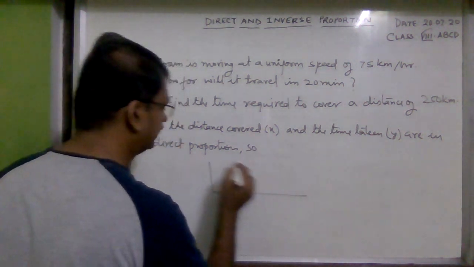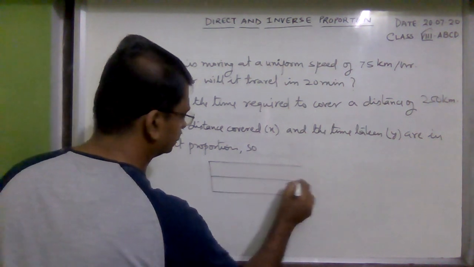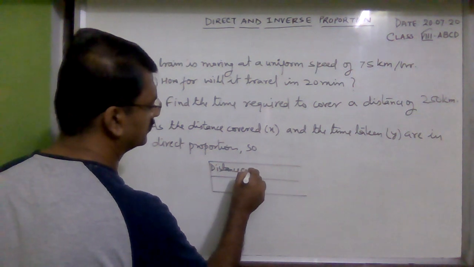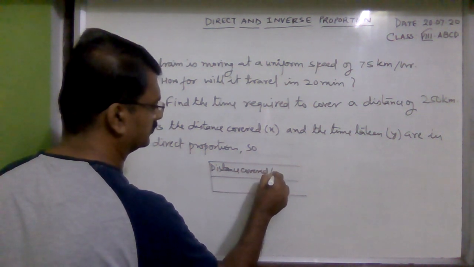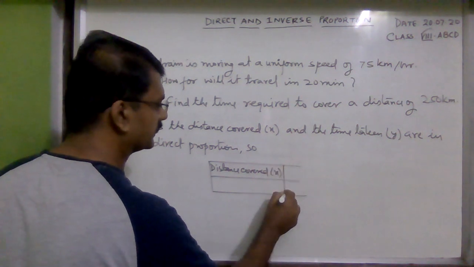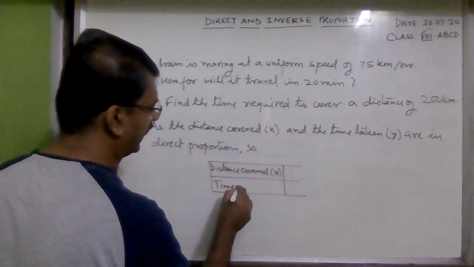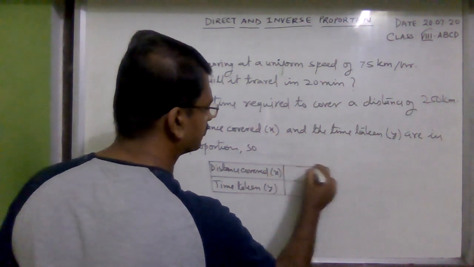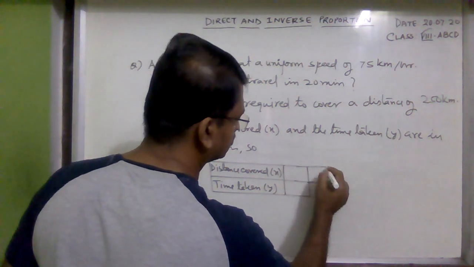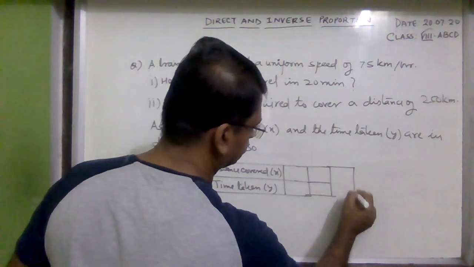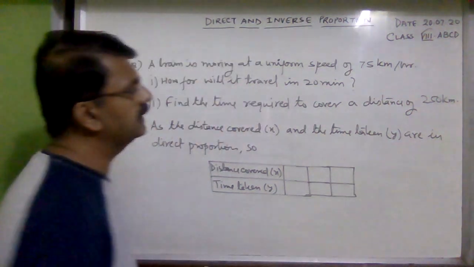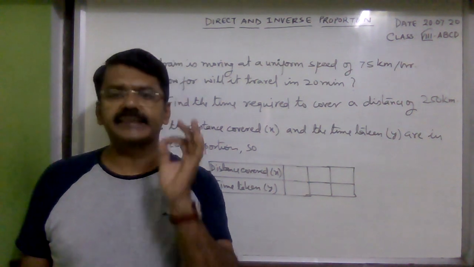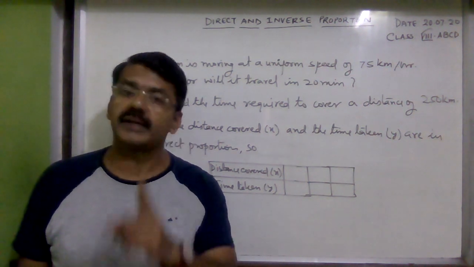first of all, I'll make this table. Distance covered, time taken. Now you see initially the speed is given 75 km per hour, means the time taken to cover 75 km is 1 hour.